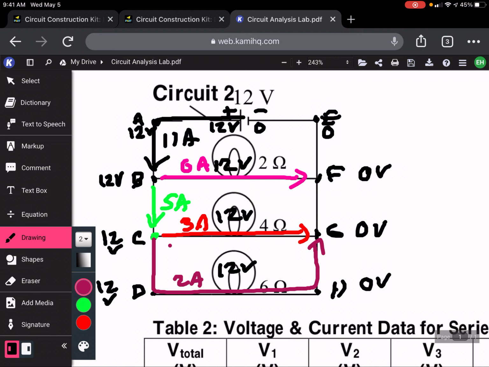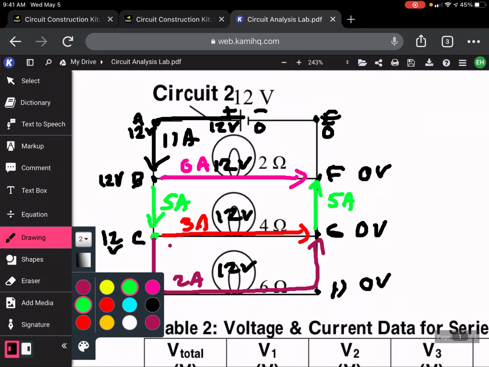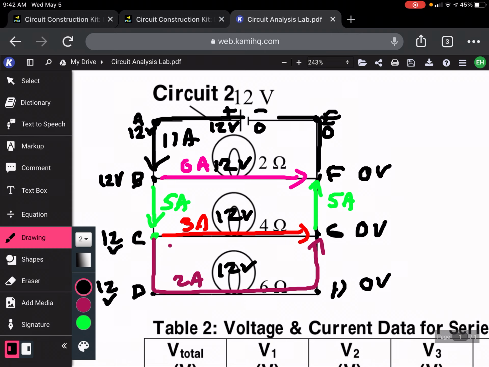And what is 2 amps from the bottom plus 3 amps? It adds up to 5 amps. So the current that breaks up on one side of the circuit adds together on the other side of a parallel circuit. And the 5 amps plus that 6 amps adds up to the total 11 amps coming back to the battery again. Current into a junction equals current out of a junction.